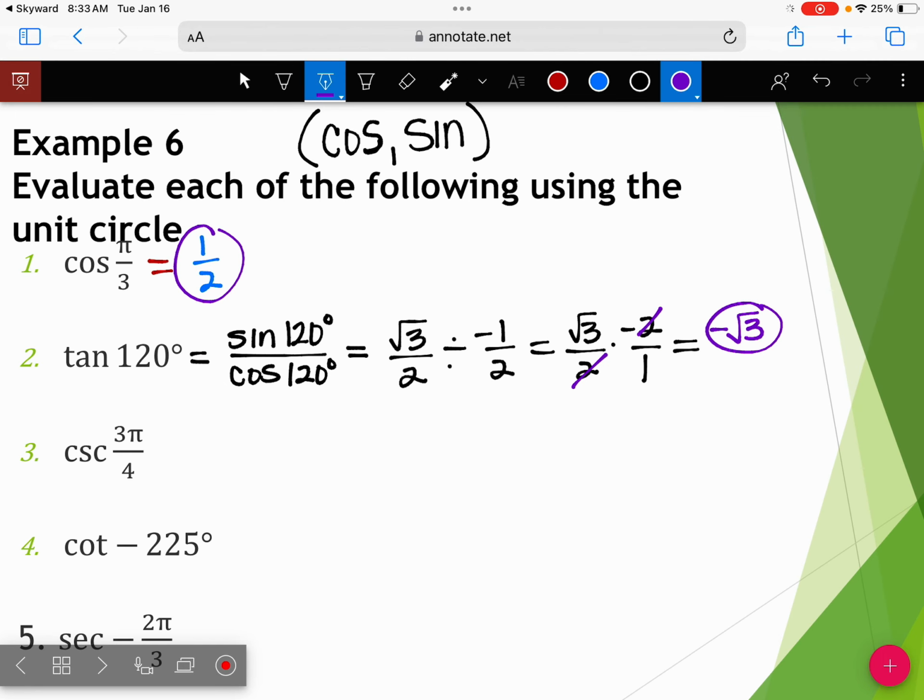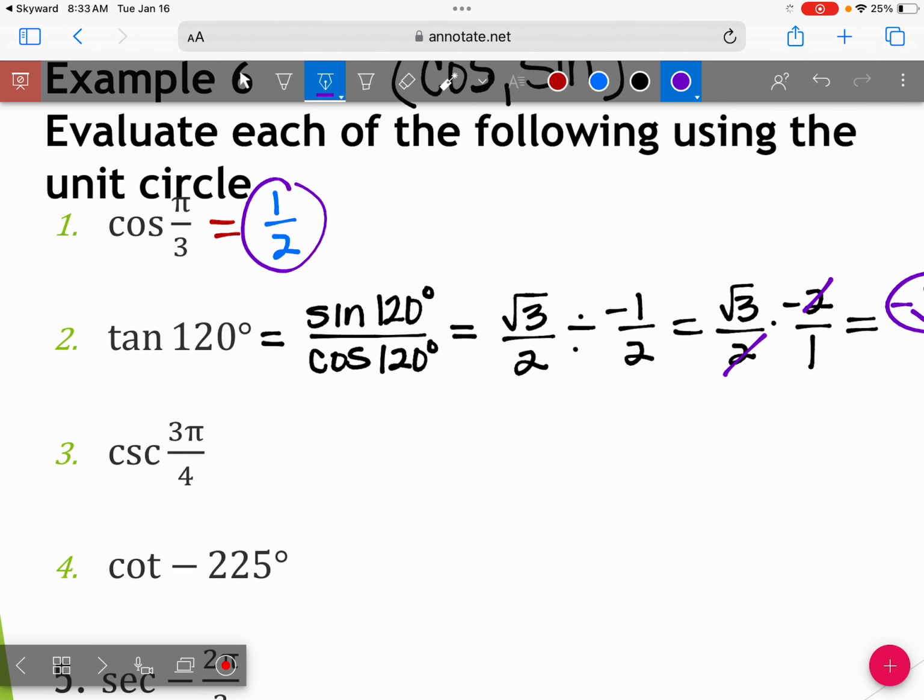All right, cosecant. Who is the sister to cosecant? Sine. So I want you to find the sine, because cosecant is equal to 1 over the sine of 3 pi over 4, which means you're taking the reciprocal.